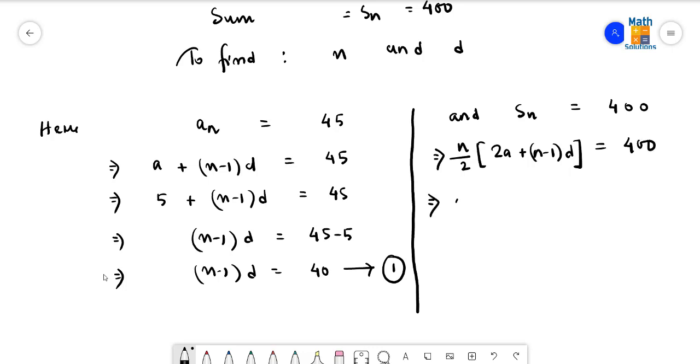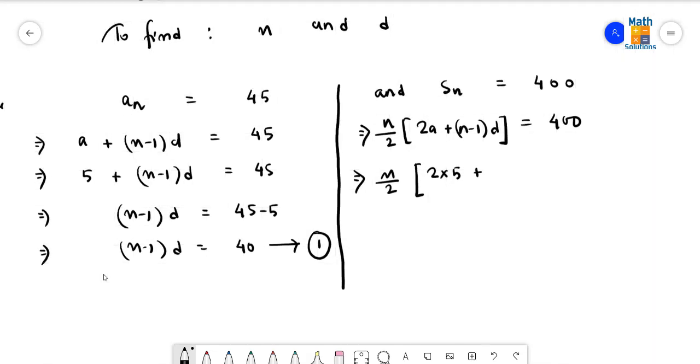Value of n we don't know, this has to be kept as it is. Twice a, value of a is given to be 5, and here we can use this result 1, means in place of n minus 1 d we can put this result, means 40, is equal to 400. So using 1 we got it.